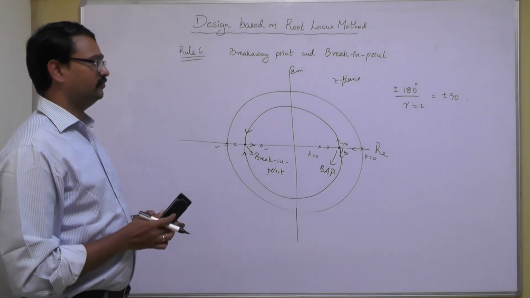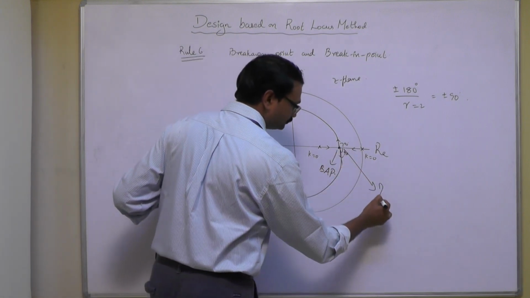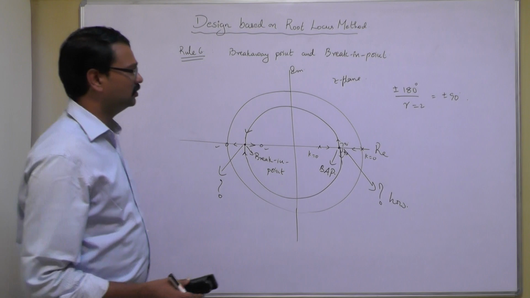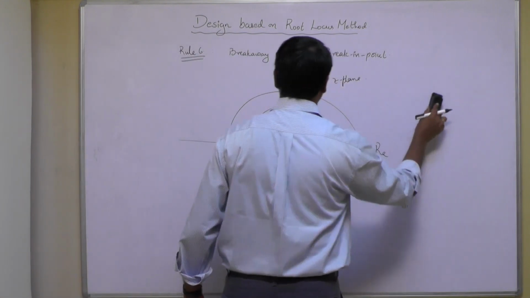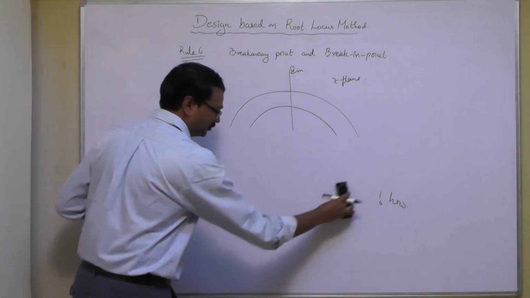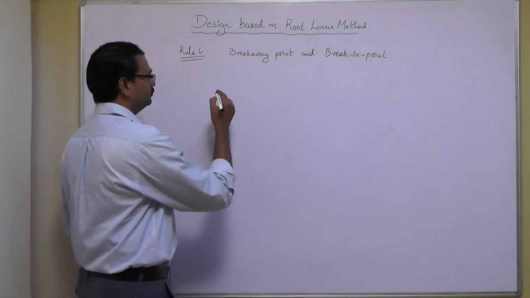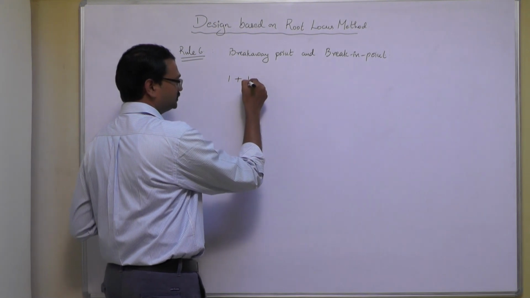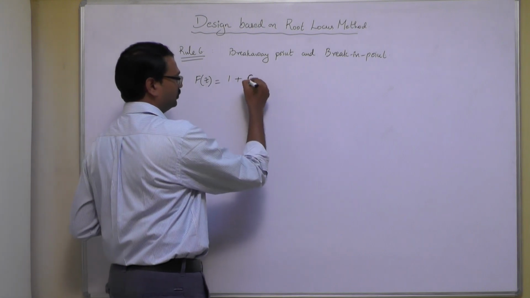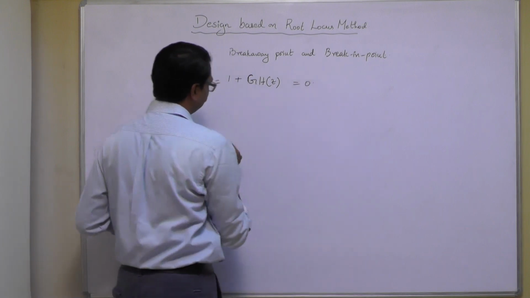Now it is very important for us to find out these 2 points. How to find these 2 points? We have a simple formula to find them. Let us go to the characteristic equation of the system again. To find the breakaway and break-in points, we write 1 plus f of z, which is 1 plus g h of z, equal to 0.